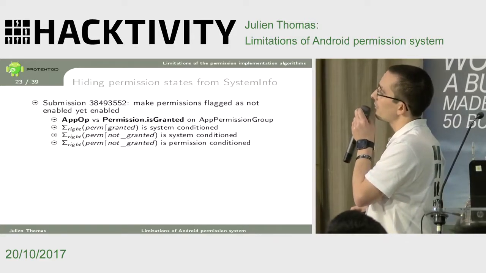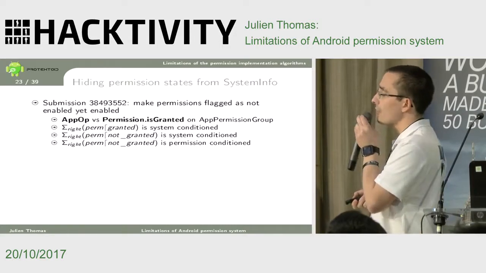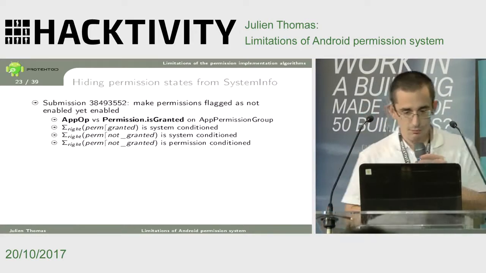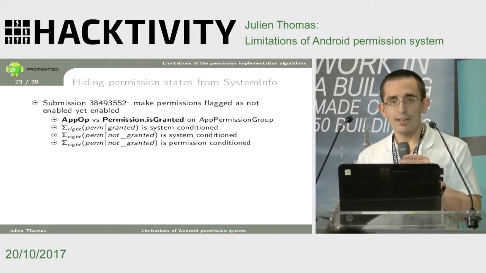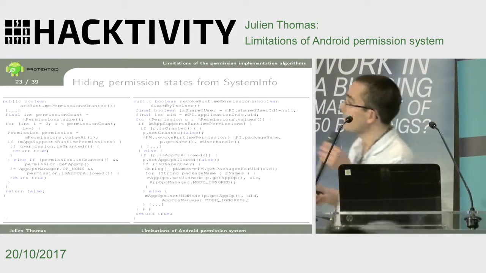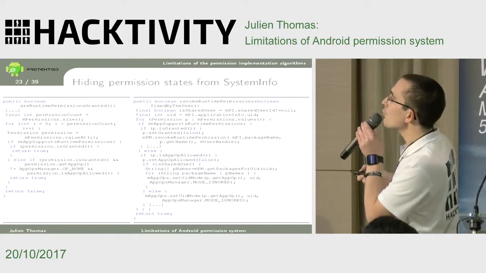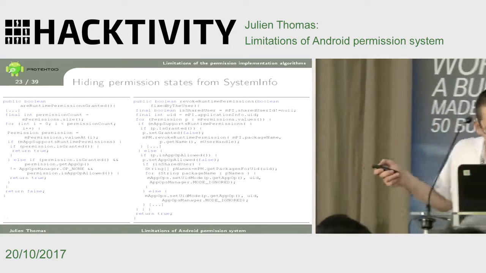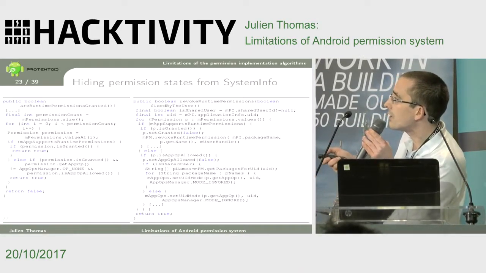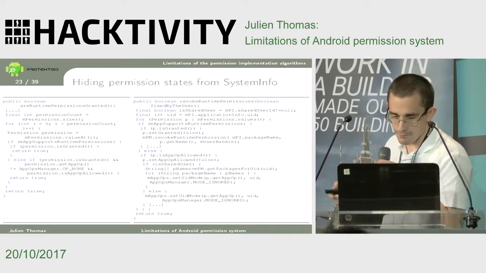So another interesting thing is how you can make an application flagged as not enabled yet enabled. This is a little more complex because we talk about backward compatibility with the AppOp concept in KitKat. When you revoke a permission, the system first deals with whether it is a new application or an old application, and if it's an old application, whether you have AppOp. You see, the logic is very complicated.